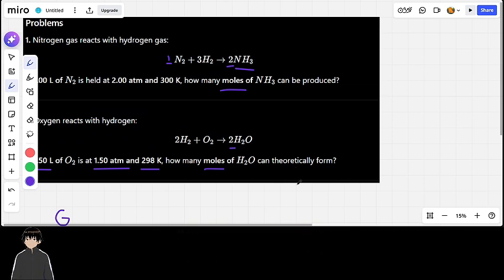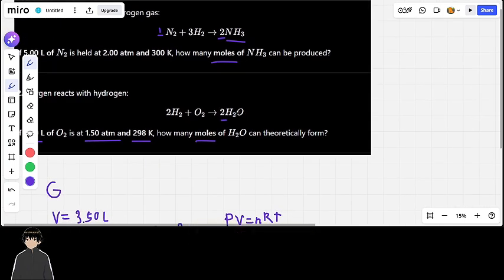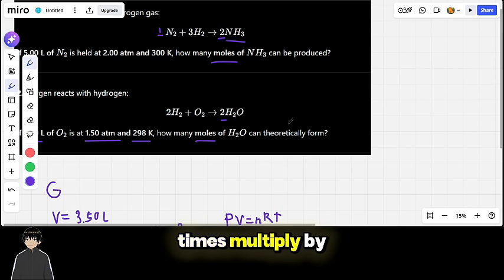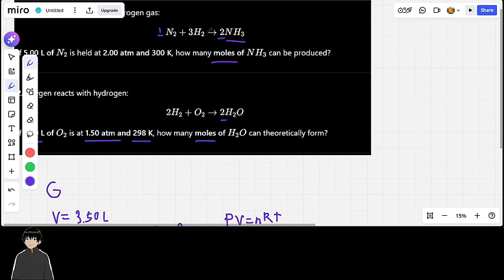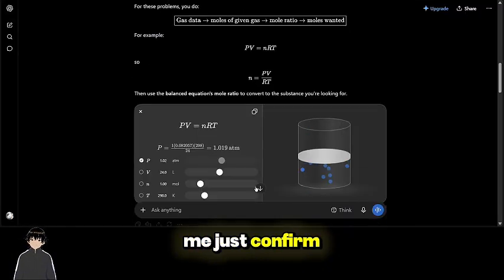So in this case, multiplying it by 2 would also be right, but apparently it's not. So let me just confirm.